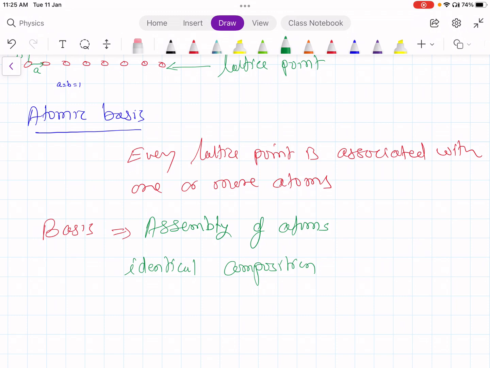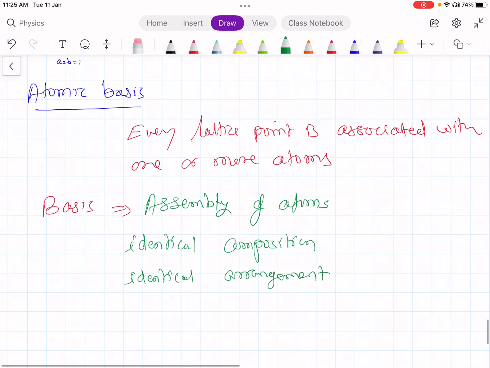Their composition should be identical at every lattice point. They should also be identical in arrangement, that is, which atom occupies which position, and identical in orientation, that is, the angle between these atoms.